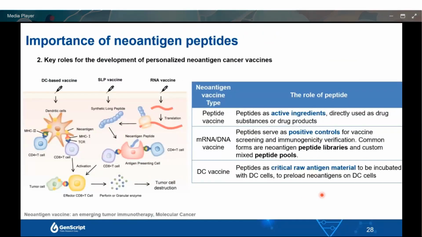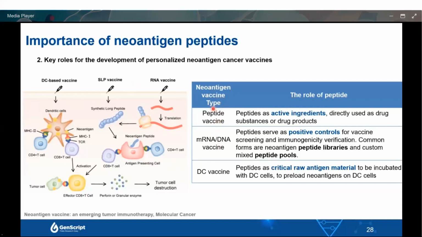During the production of personalized neoantigen cancer vaccines, we also need neoantigen peptides, and they play an important role in the development.